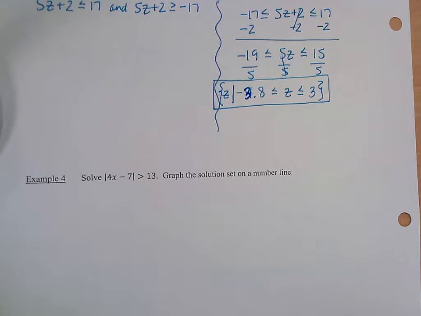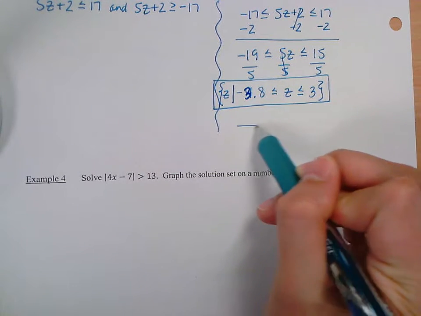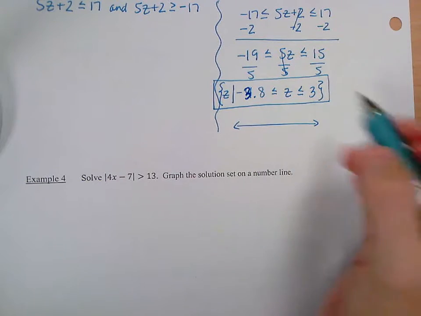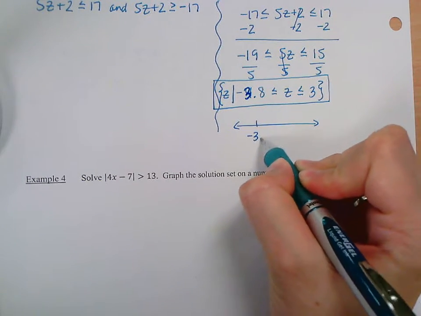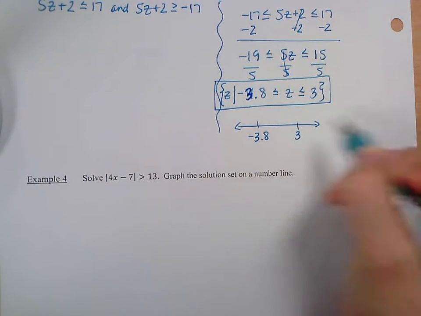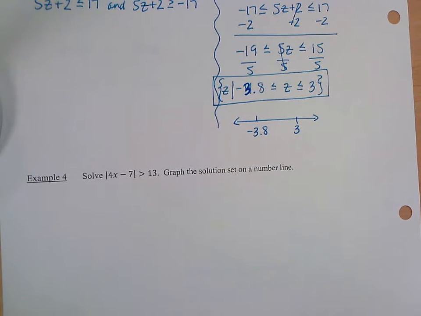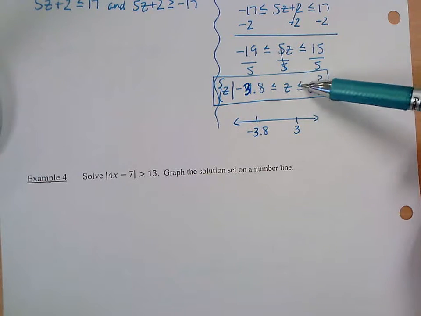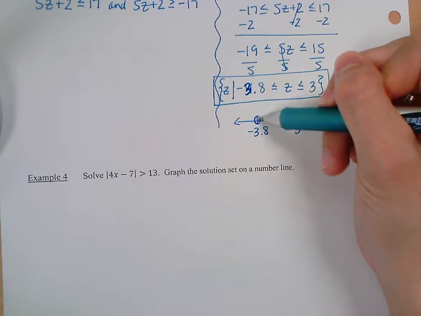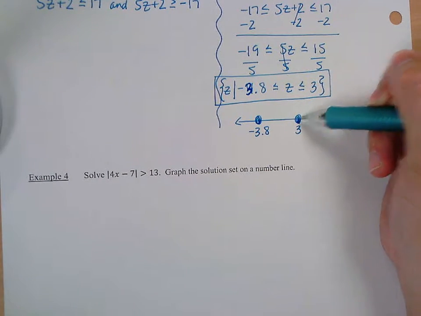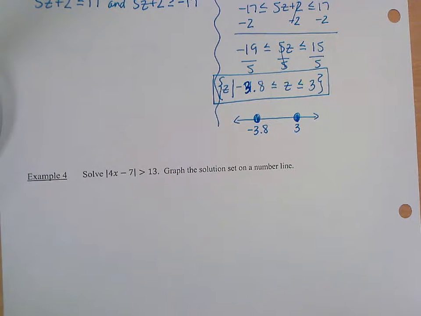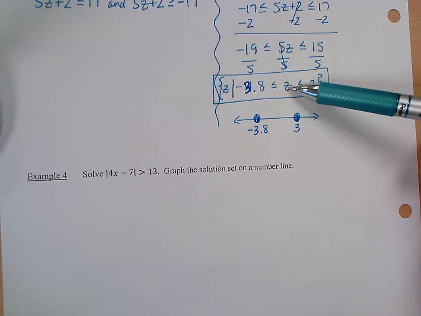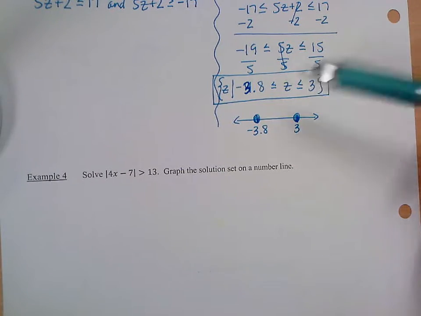Okay, and then if I graph this on a number line, I'm just going to include my endpoints, negative 3.8 and positive 3. And both would have dots, they're both included. And this notation really shows that z is in between the two.